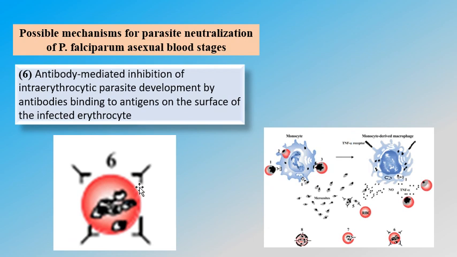Also here, as can be seen, the antibodies inhibit intraerythrocytic parasite development by binding to some antigens on the surface of the infected red blood cells.